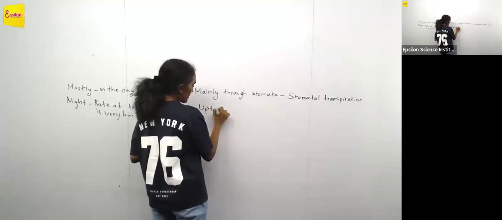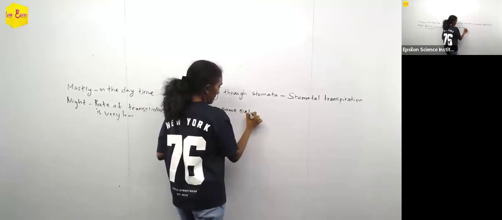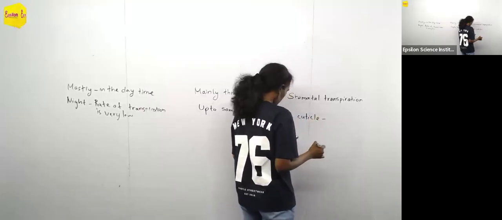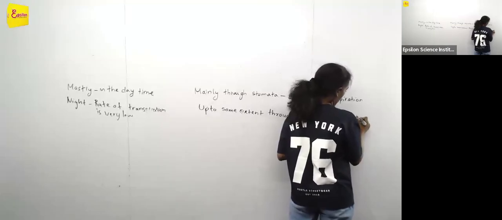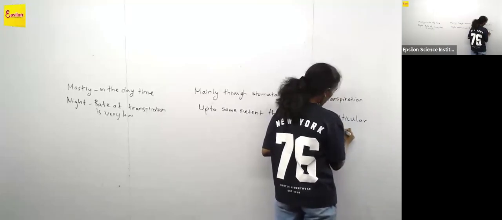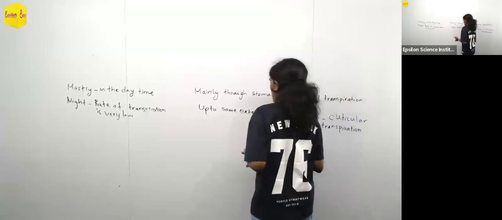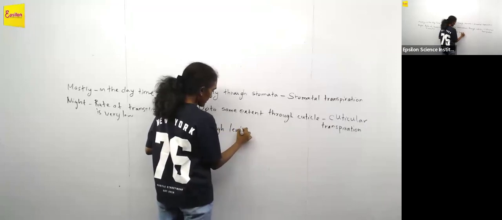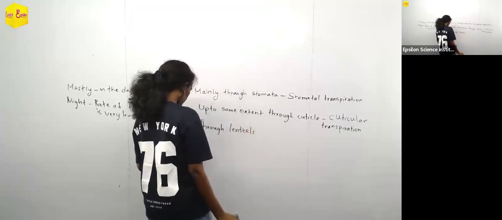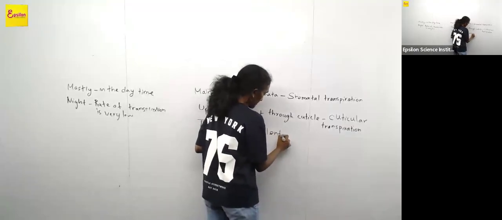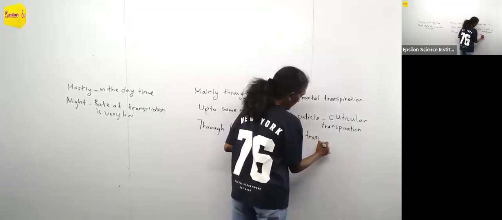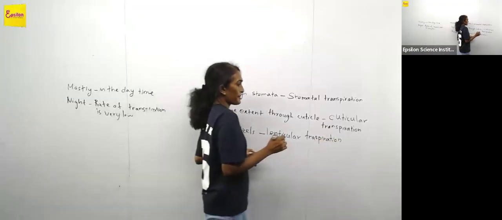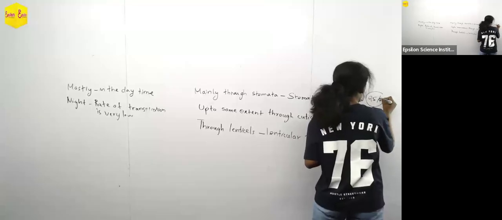Up to some extent through the cuticle, so that is called cuticular transpiration. Through lenticels, lenticular transpiration. About 95% is stomatal transpiration. Others are very minute quantities.